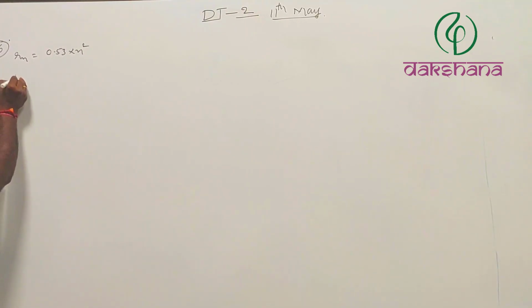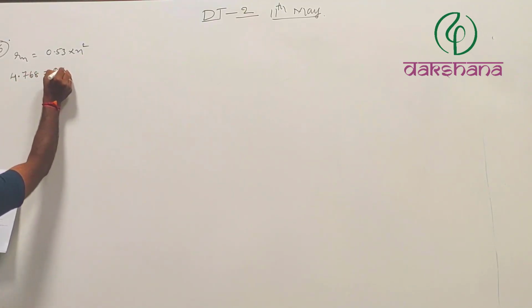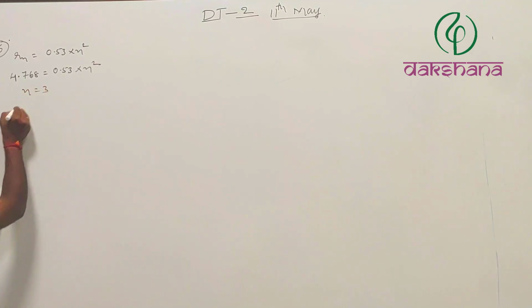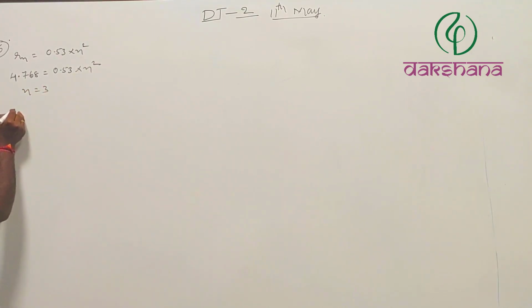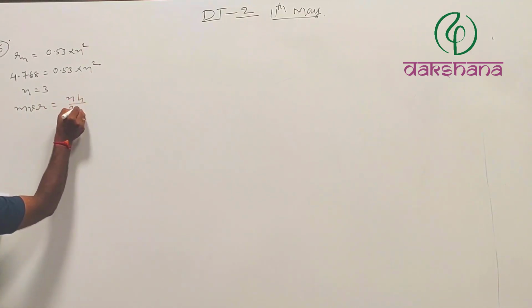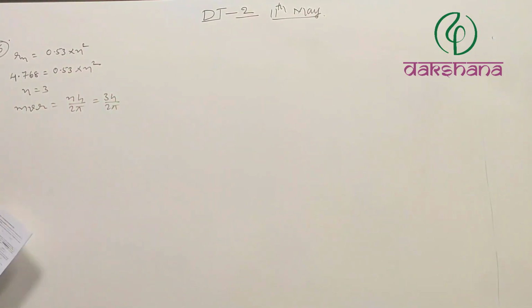Now 4.768 is equal to 0.53 into n square. n is equal to 3. Orbit angular momentum is mvr is equal to nh divided by 2 pi, that is equal to 3h divided by 2 pi. So the option is A.